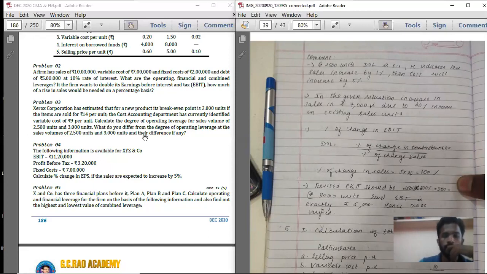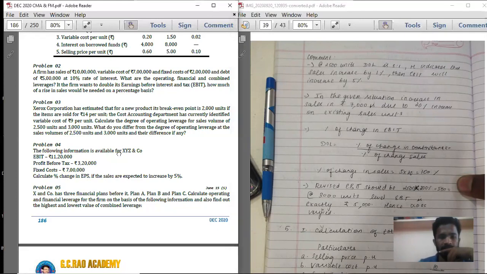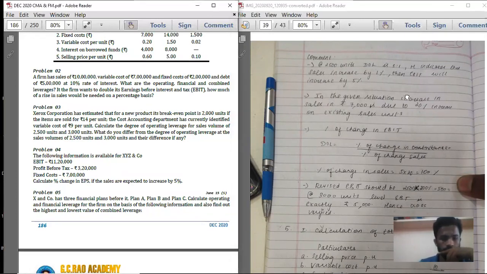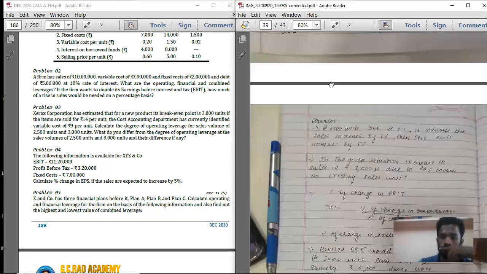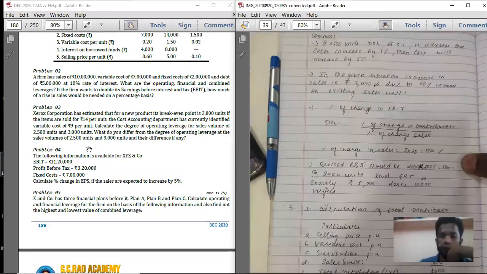What do you differ from degree of operating leverage at sales volume of 2,500 units and 3,000 units, and their difference, if any? So problem number 3 has got over here itself. In the previous batch, there was some other additional question, so they have answered this.